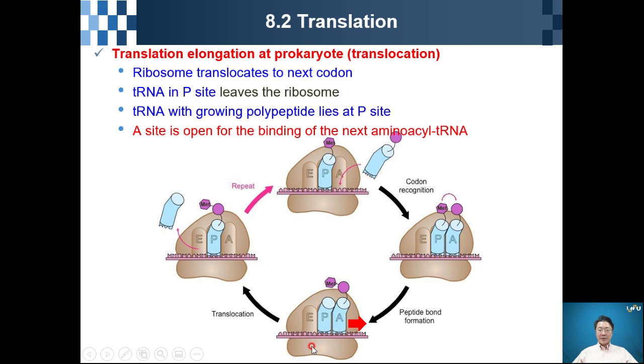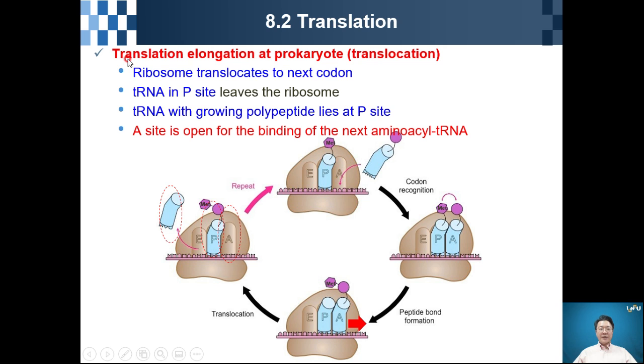The tRNA in the P site leaves the ribosome, and the tRNA with the growing polypeptide lies at the P site. The A site is open for the binding of the next aminoacyl tRNA. This step we call the translocation step.